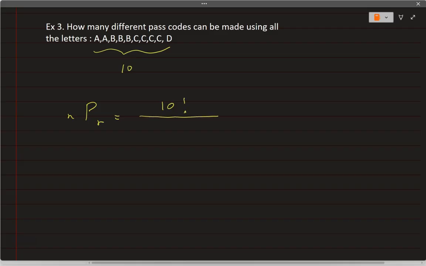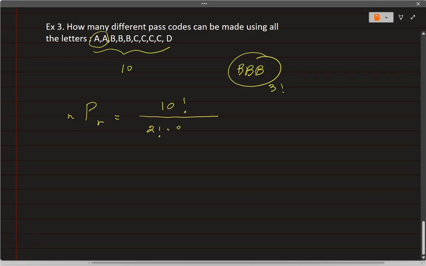But let's look at how many repeated objects we have. We have AA, that's 2, so 2 factorial. We have B, B, and B, so that's 3 factorial, so multiply that by 3 factorial. Then the last one, we have 4 C's, that would be 4 factorial.